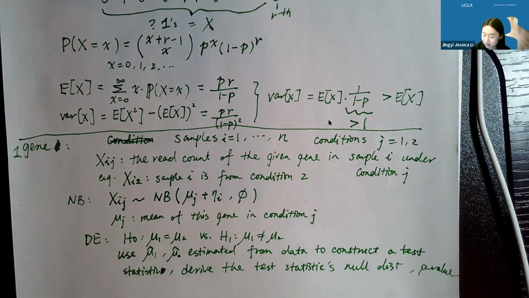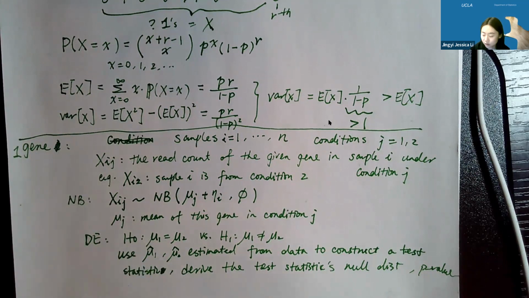So one is called the likelihood ratio test. Likelihood ratio test means that you would need to estimate mu1 hat equal to mu2 hat as one parameter under the null by using maximum likelihood estimation.